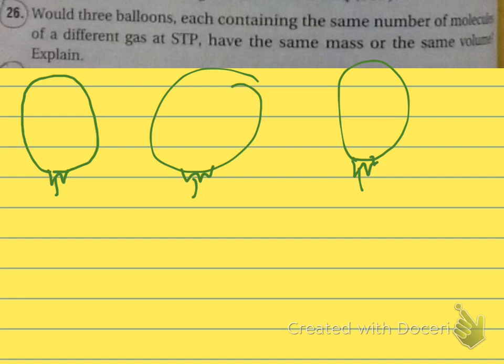Now, same number of molecules. So I'm going to purposely choose to put 1 mole of molecules in here, which means I'm going to have 6.022 times 10 to the 23rd particles in every balloon, right? Because that's what it means to have a mole.